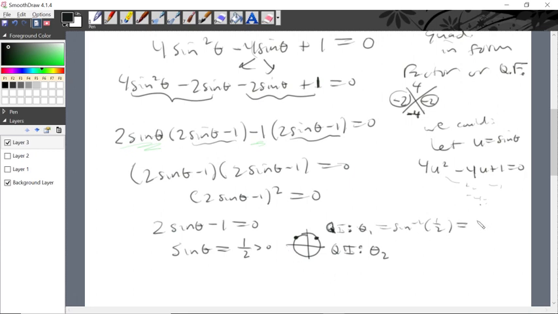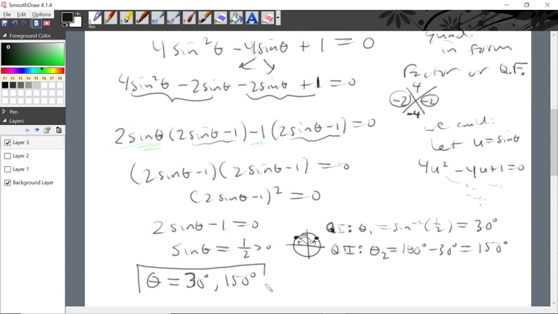We said these answers would be in degrees for this exercise, so 30 degrees. That's the arc sine of 1/2, and that's also the reference number in quadrant 2. So theta 2 equals 180 degrees minus 30 degrees, which gives us 150 degrees. So our solutions are theta equals 30 degrees and 150 degrees.